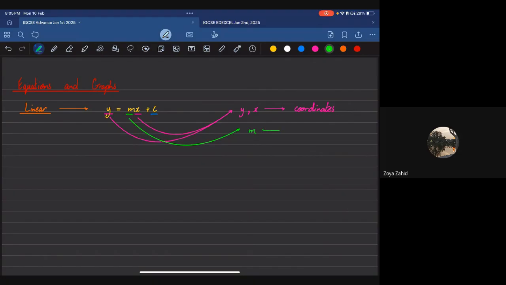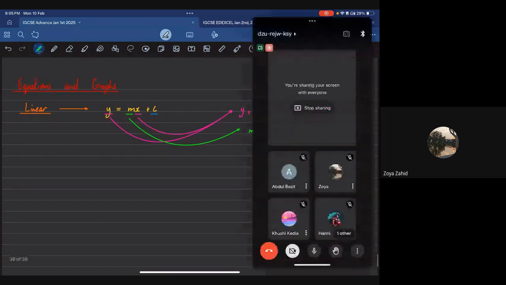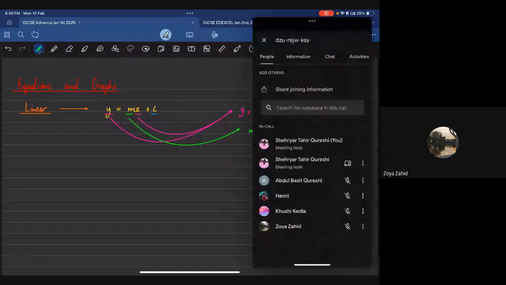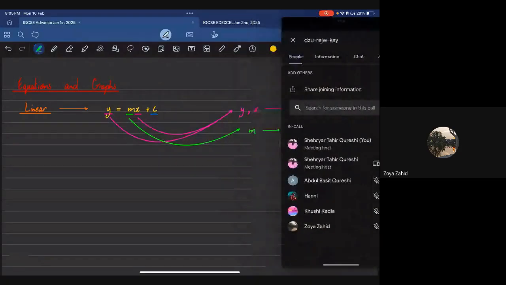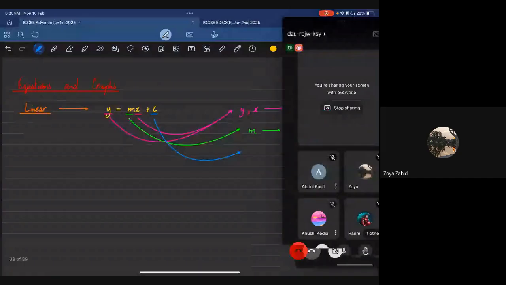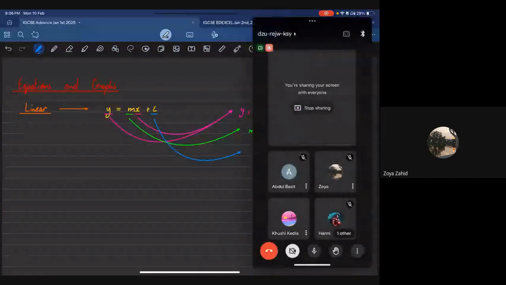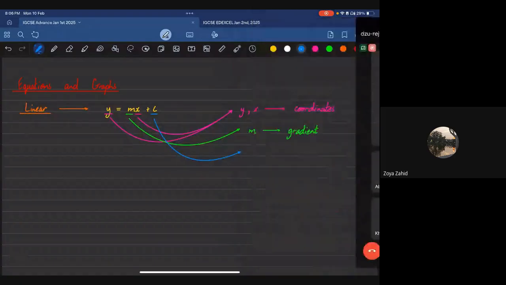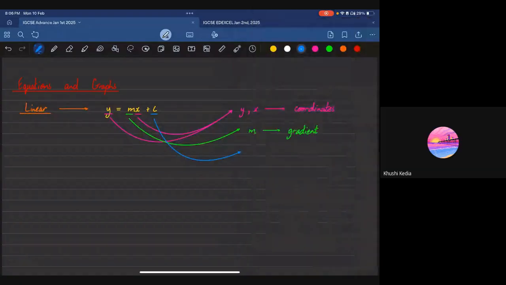Can anyone tell me what is the gradient? Yes, Koji, what do you understand from gradient? Can you guys hear me? Hello, Kushi, can you hear me? Your voice is breaking in between.